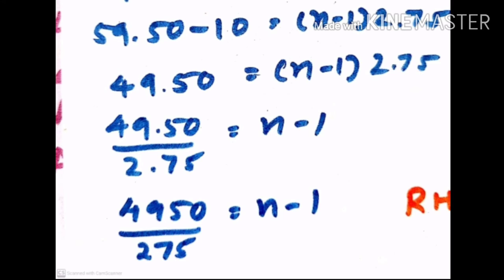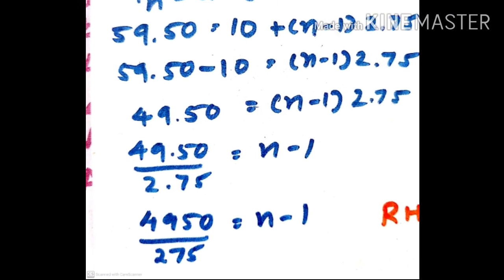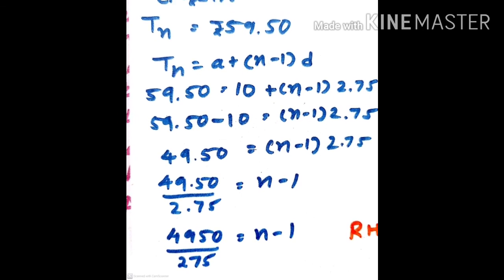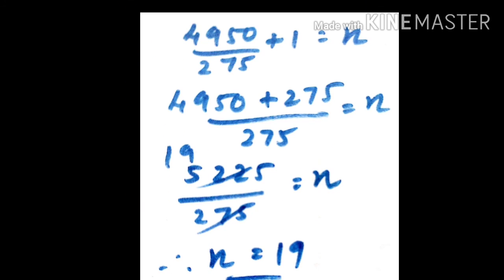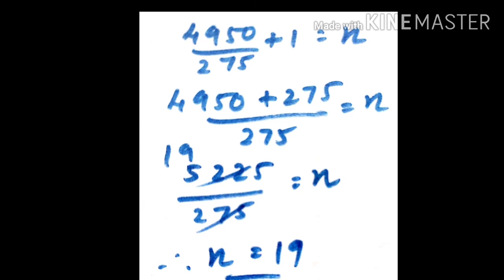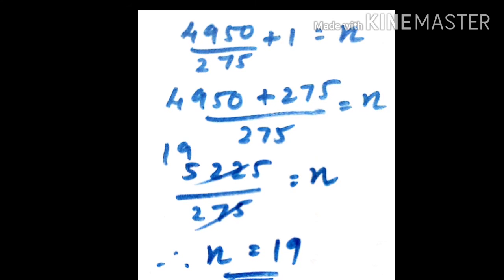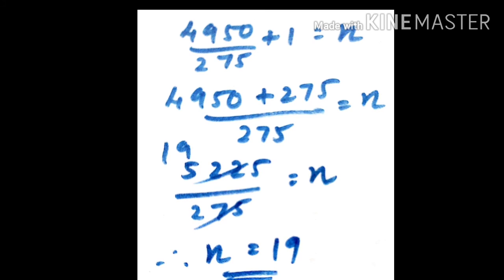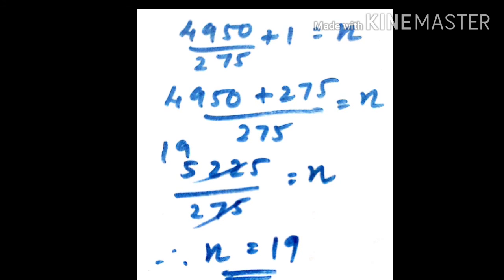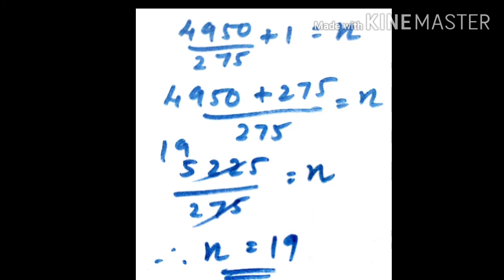Now in the next step we take this minus 1 to the other side, so it becomes plus 1. So 4950 upon 275 plus 1 is equal to n. Now taking the LCM, 4950 plus 275 upon 275 is equal to n.